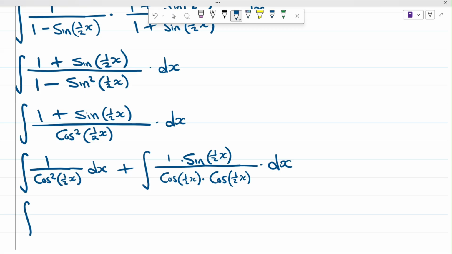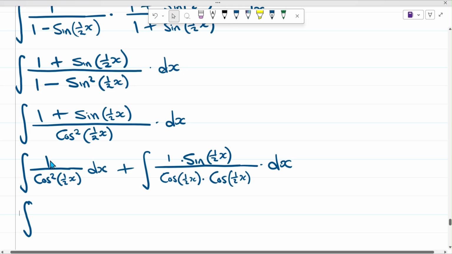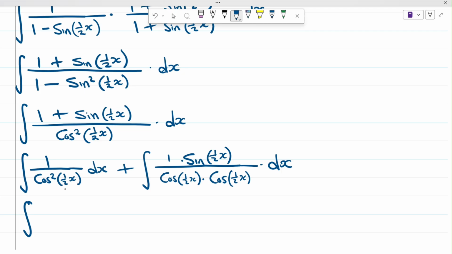We have discussed this case a couple of times, so I'm hoping that you're not facing any difficulty. And then 1 over cos squared, I'm going to change into its equivalent when it comes to reciprocals of trig functions. So 1 over cos squared is equivalent to what? Sec squared, right?